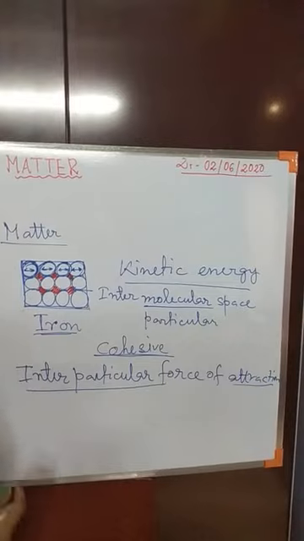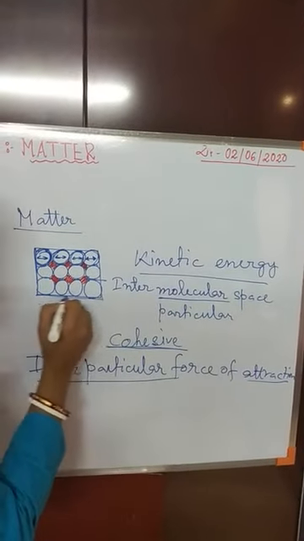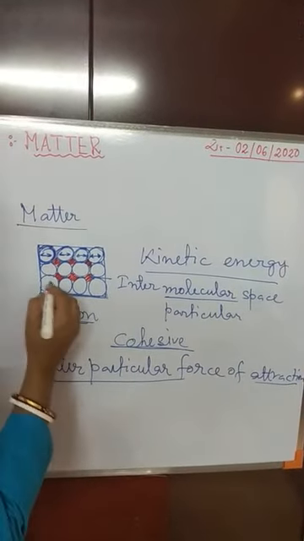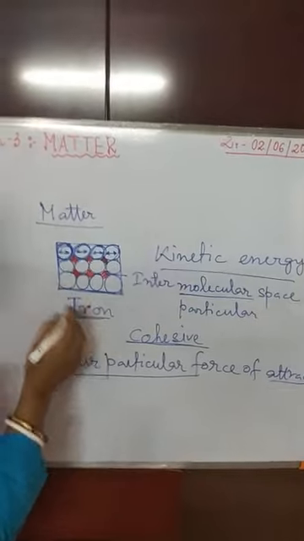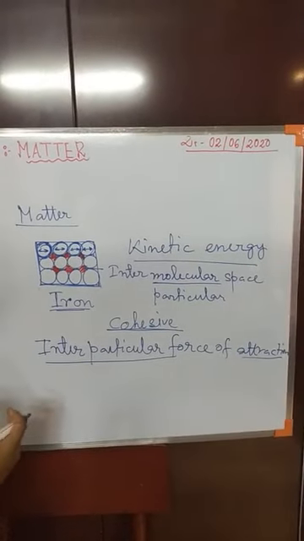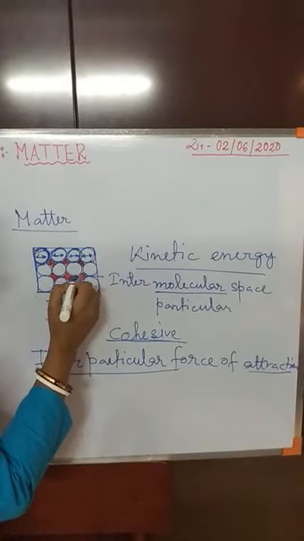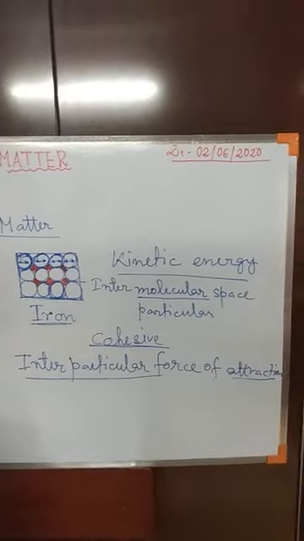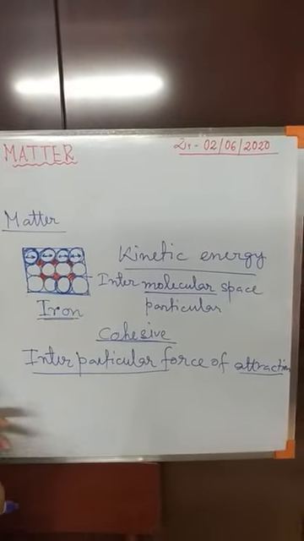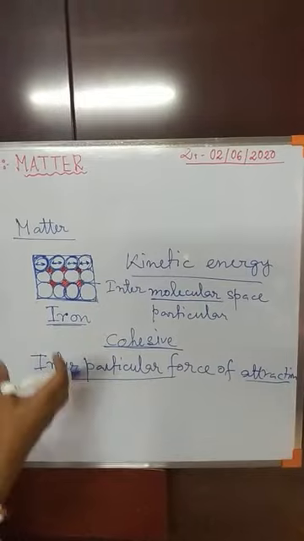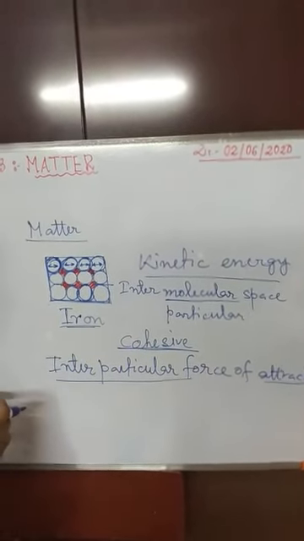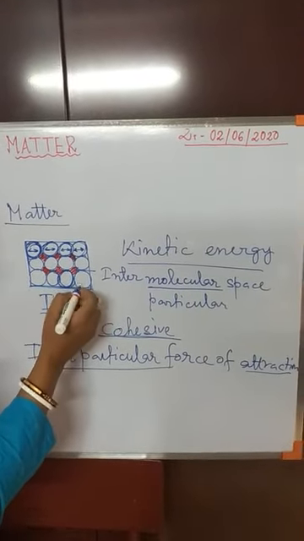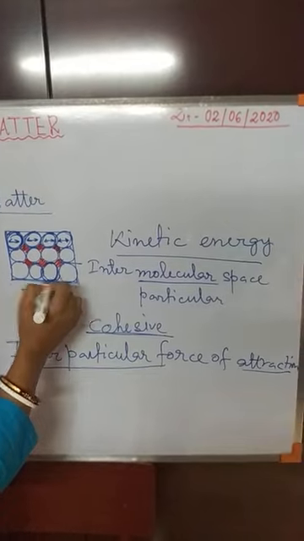That's why in this piece of iron, you can see the molecules or the particles are very closely packed, very tightly packed. They are just together, very close to each other. As the force of attraction is more, the particles will be closer to each other. And if the force of attraction is less, there will be a lot of gap between them.